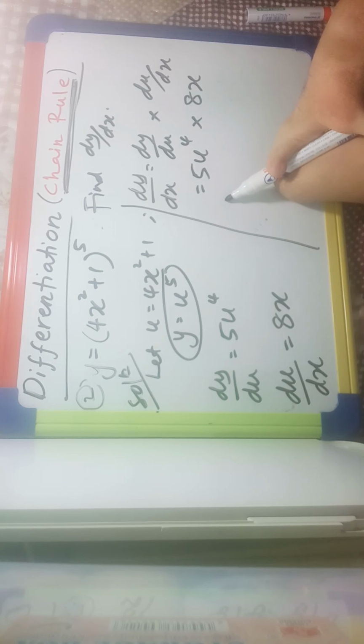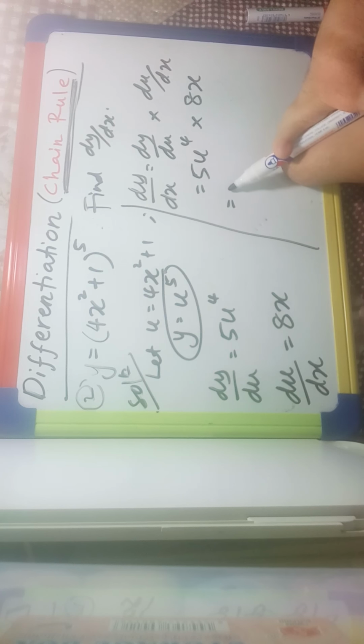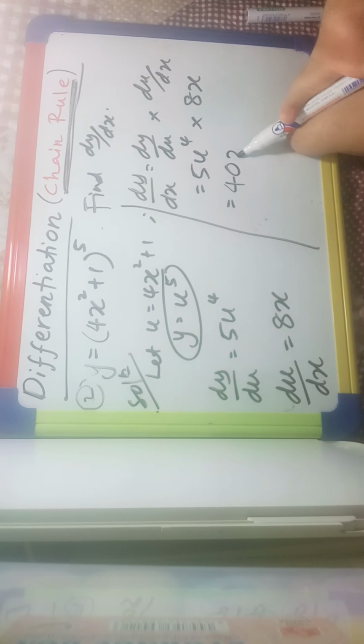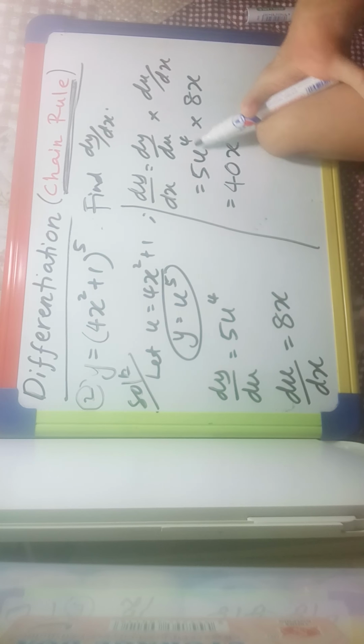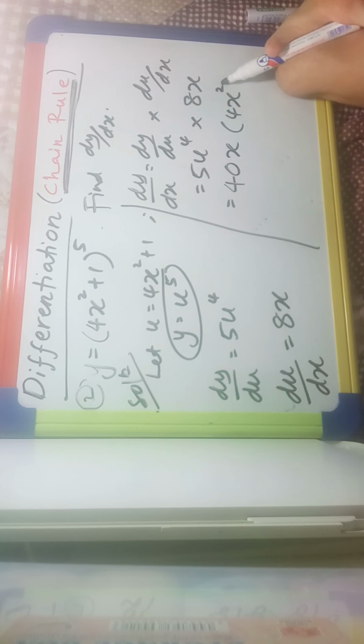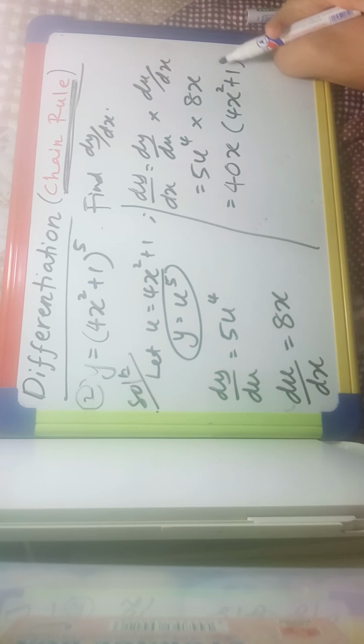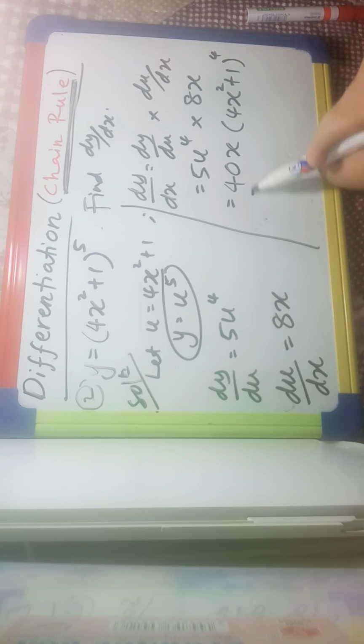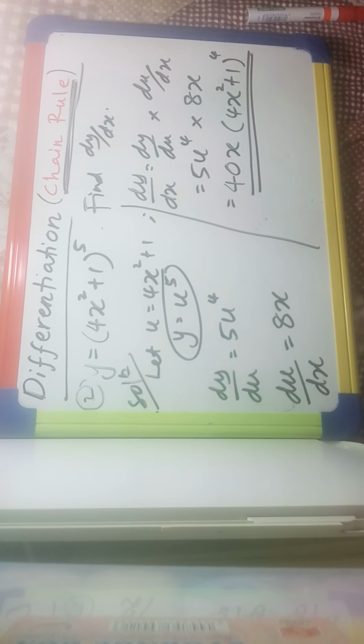Then what is the final answer? So the final answer will be 8 multiplied by 5, 40x. In bracket, what is u to the power of 4? 4x square plus 1 to the power of 4. So this is our dy over dx. This is example number 3.